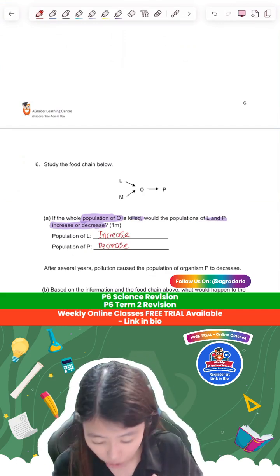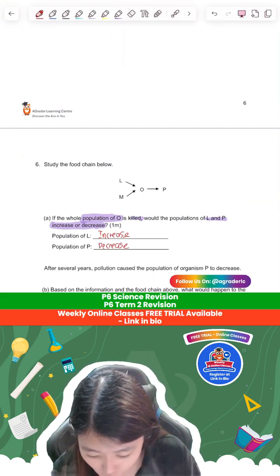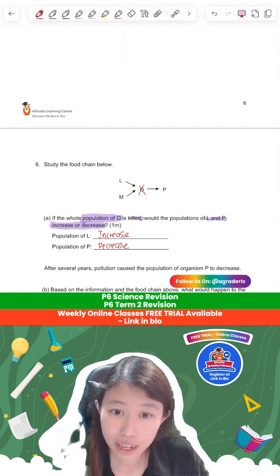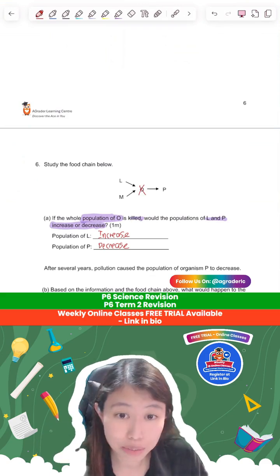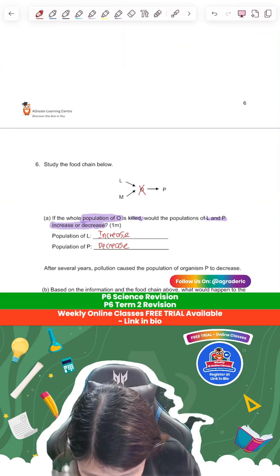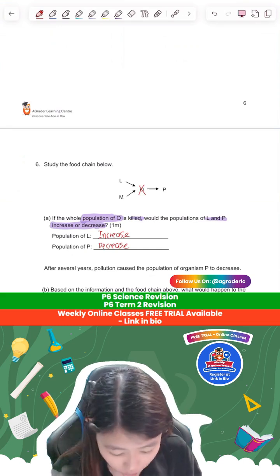L was supposed to increase because if the population of O is killed, that means it's entirely eliminated. What happens is there will be no consumers for L. Why?